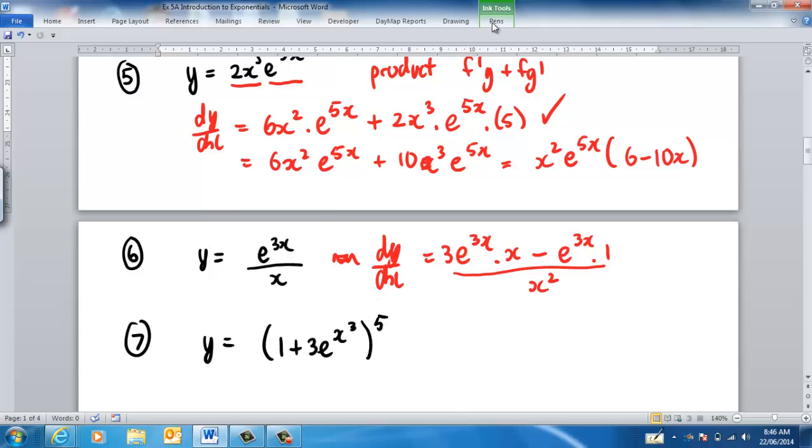If I was going to then do my derivative for that, I would simply have to use the function of a function rule. So therefore that would be 5 times 1 plus 3e to the x cubed, to the power of 4, and I have to differentiate what's inside the bracket, so that's going to give me 3e to the x cubed times by 3x squared. So you just keep it step by step, and that makes life pretty easy for you.